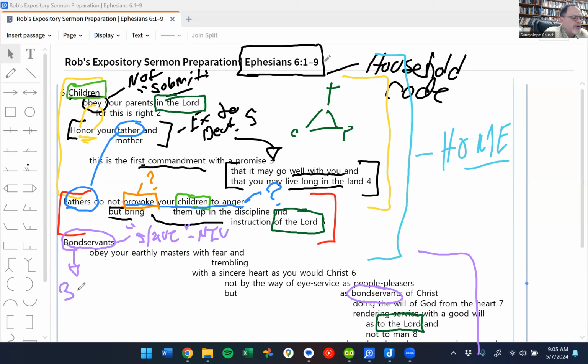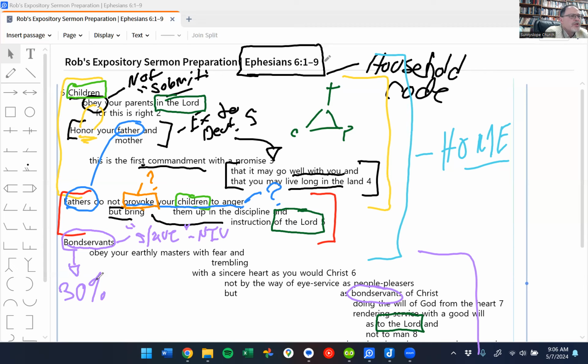I want to say the number was upwards of 30% of the population, I could be mistaken on that, but I seem to remember that up to that many people in New Testament times were bondservants. And so it was a pretty common thing.